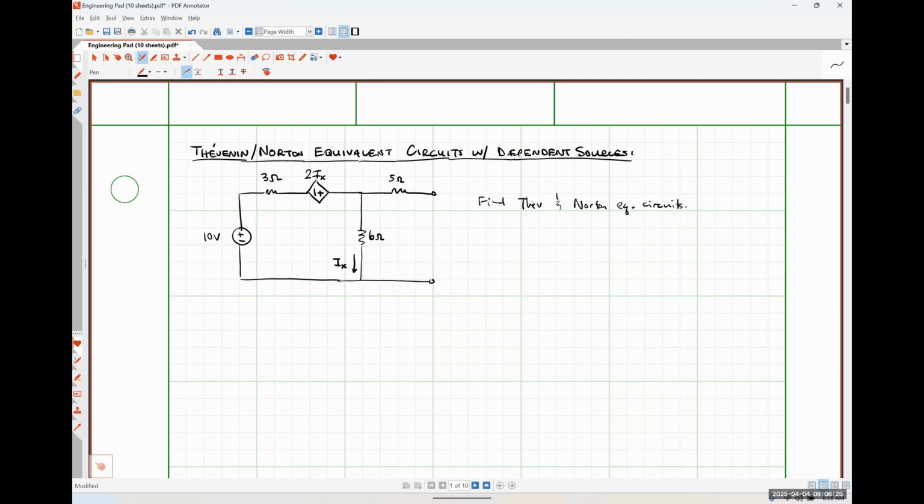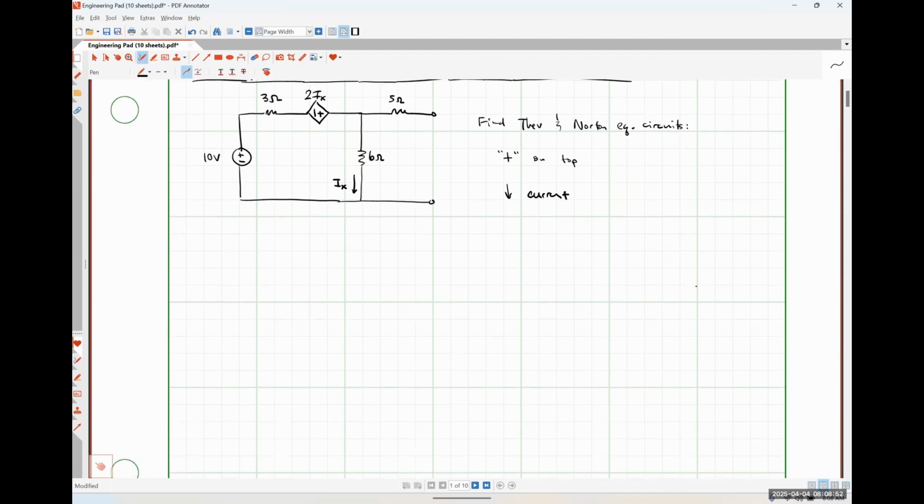And I'm going to say explicitly positive polarity will be on top and the current reference direction is down. So do you guys want to solve for Thevenin voltage or Norton current first? So I think I heard 2 people say voltage and 1 person say current, so we're going to go with voltage first. Okay.